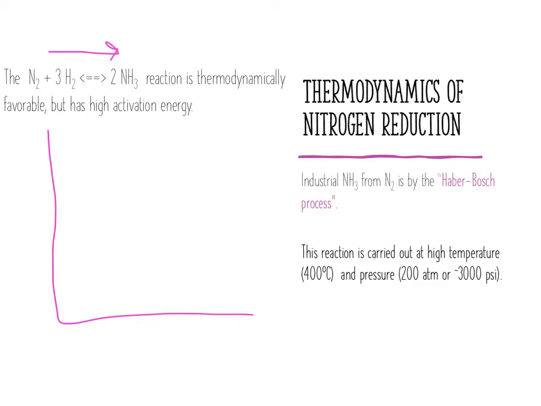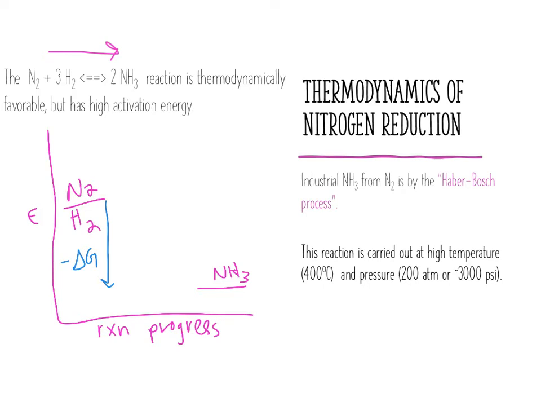If I put an E for energy, and this is reaction progress, and I put the reactants here, then thermodynamically favorable means that the process has a negative delta G. NH3 is here. Remember, delta G is the difference in energy between the reactants and the products. Here, this is a negative delta G.